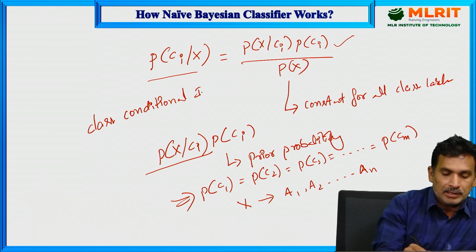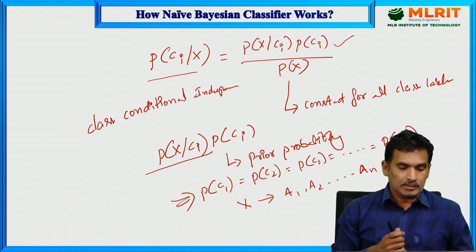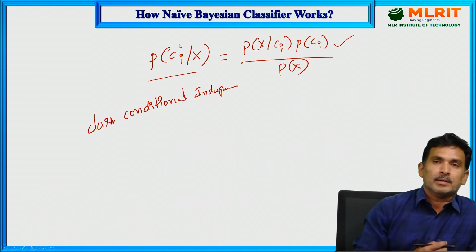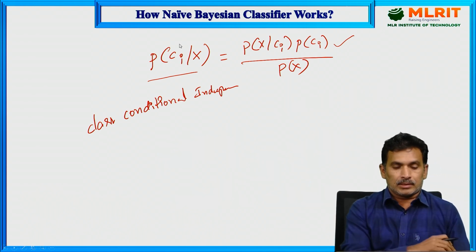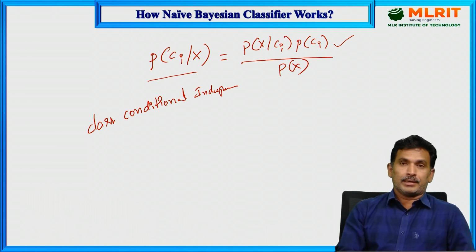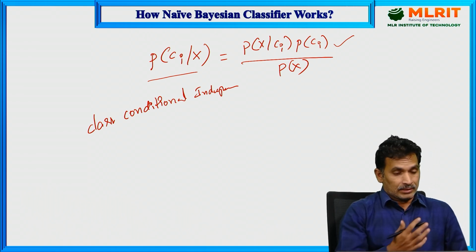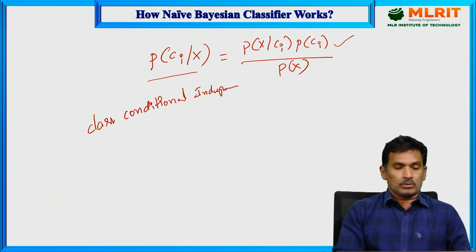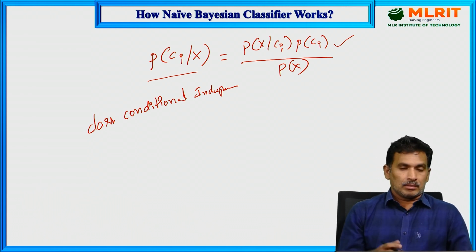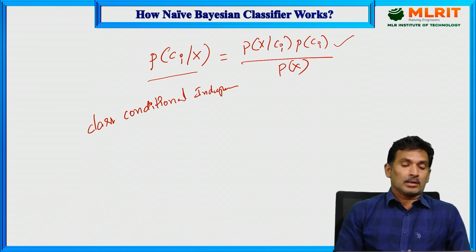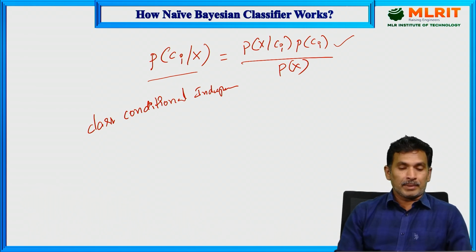So what does it mean? Our objective is to maximize this posterior probability, but calculating it for each attribute in the data set or for each tuple would become a costly process. So the assumption made in the Bayes theorem is class conditional independence.